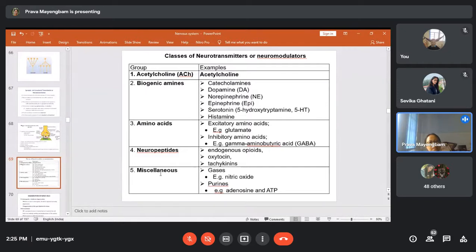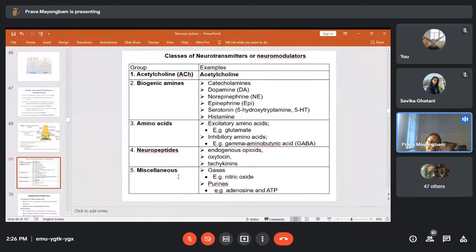Okay. Then the neuropeptides. These are small peptides and they act as neurotransmitters or neuromodulators. They may be endogenous opioids, oxytocin, tachykinins. Okay, so these are neuropeptides. Oxytocin is a hormone; it can also act as a neurotransmitter and it comes under the neuropeptide category.